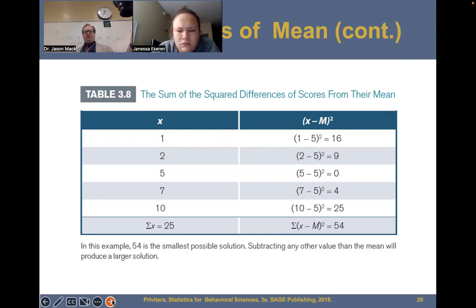So 1 minus 5 is -4, and then we square it. 2 minus 5 is -3, we square that, it's 9. 5 minus 5 is 0, 0 squared is 0. 7 minus 5 is 2, 2 squared is 4. 10 minus 5 is 5, squared is 25. The sum of that is your smallest solution. It'll make more sense later.